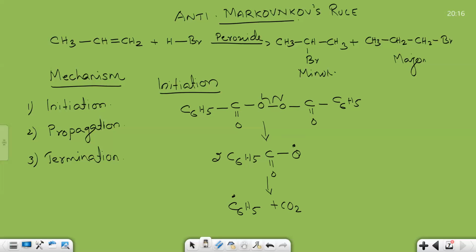And this C6H5 free radical reacts with HBr to form C6H6, benzene, and a bromine free radical.